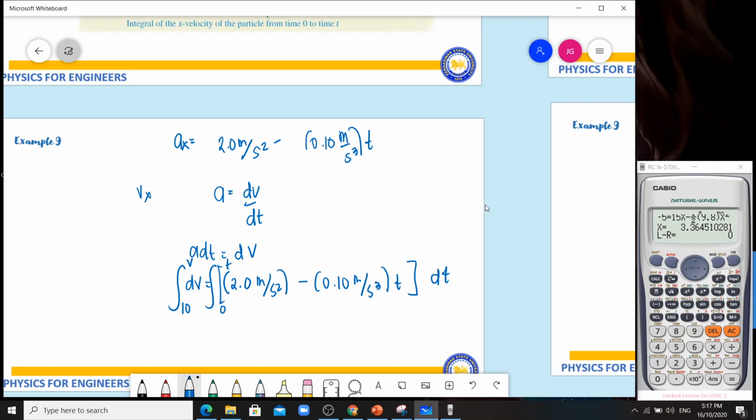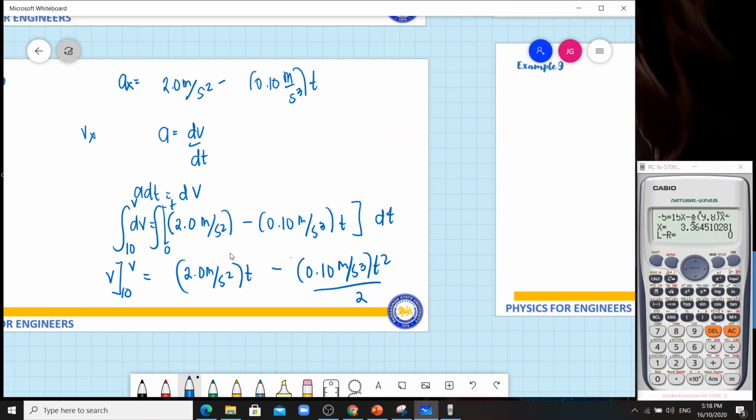So, ito, pag in-integrate natin is v from 10 to v, sorry, equals 2.0 meters per second squared t minus 0.10 meter per second cube t squared over 2. Yan. So, pag inayos natin siya is v minus 10 is equals to 2.0 meters.